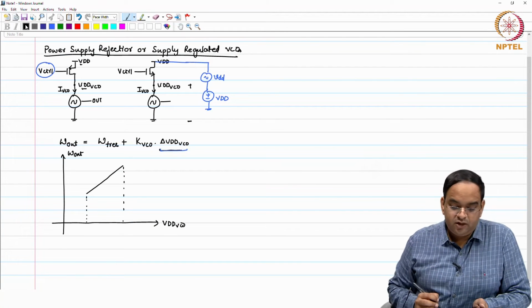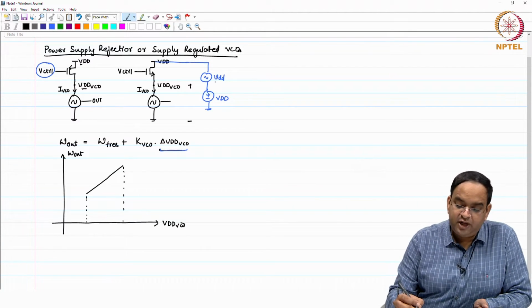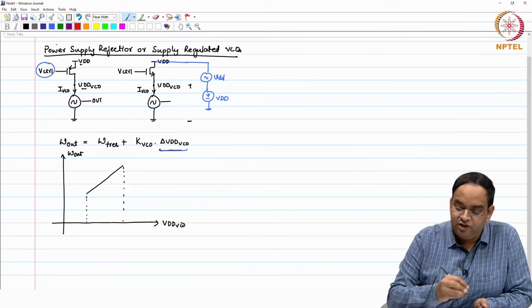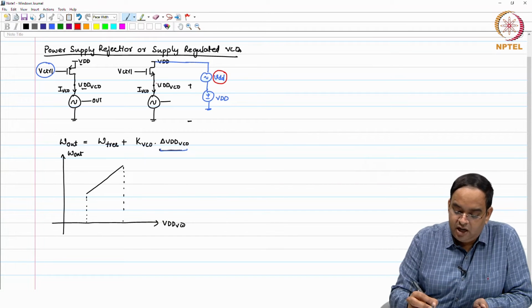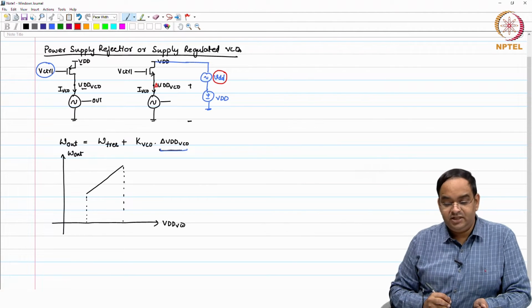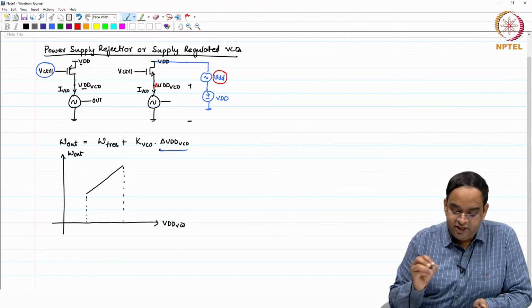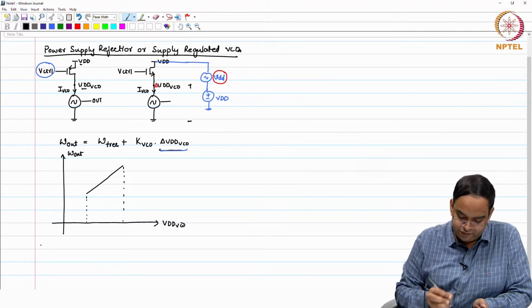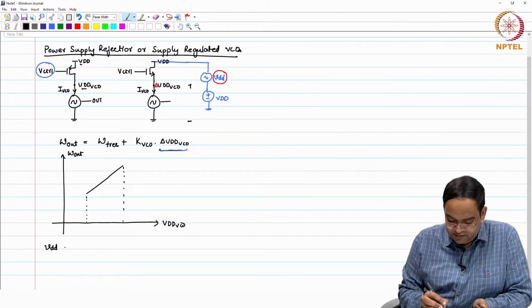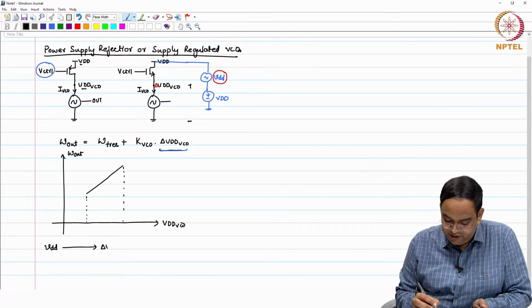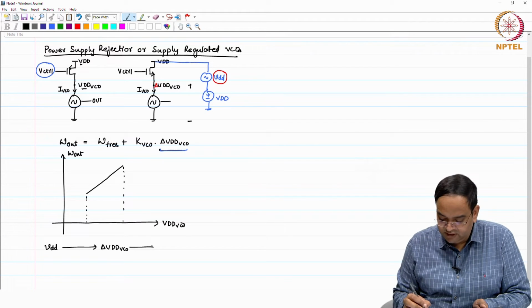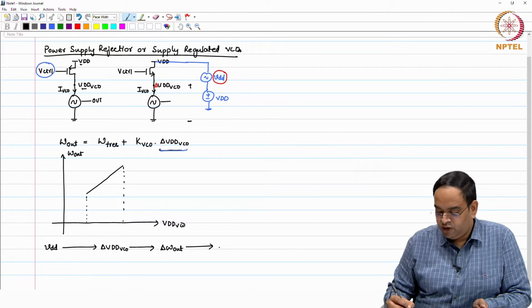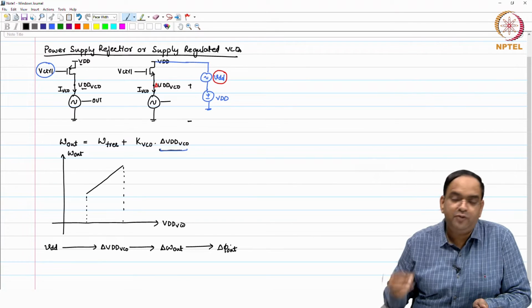So, when we are going to find the supply noise rejection to the output, what we are actually doing is finding how delta VDD VCO changes from the VDD noise. Once we know delta VDD VCO, using k VCO we know delta omega out, and from delta omega out you can find delta phi out.